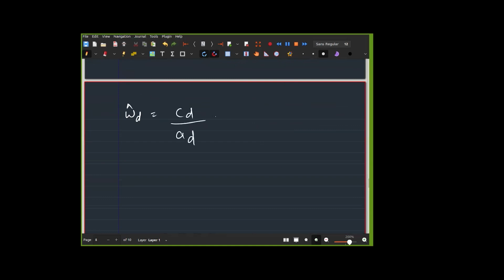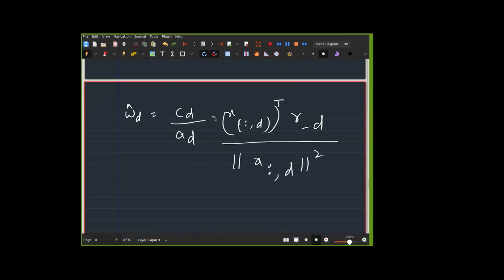This we have seen, but I could write CD in a compact form, which is X colon comma D transpose R minus D. And AD can also be written in a way that I take X colon comma D, the L2 norm of it squared. So that's how I'll get the solution if my loss was just negative log likelihood. But obviously that's not true.